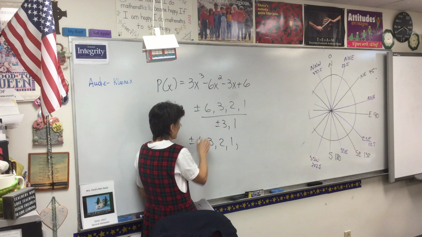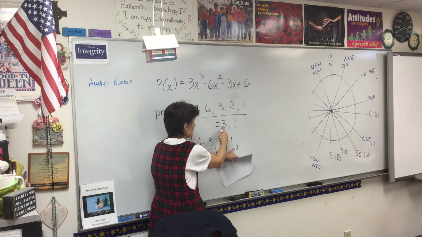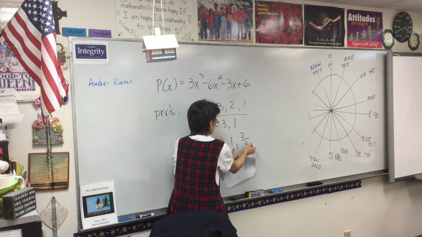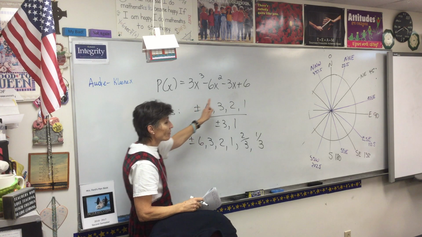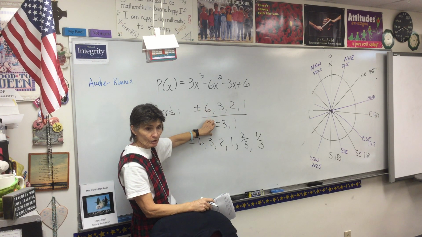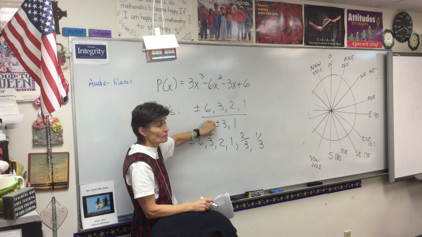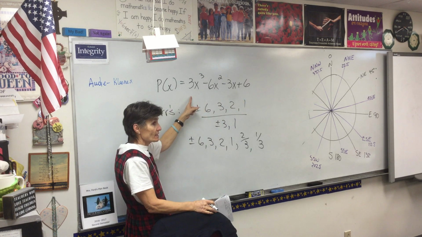But you also have 6 over 3, 3 over 3, 2 over 3, and 1 over 3. So all the combinations of these numbers over these numbers. If you know the rule, it's super simple. Factors of that over factors of this.